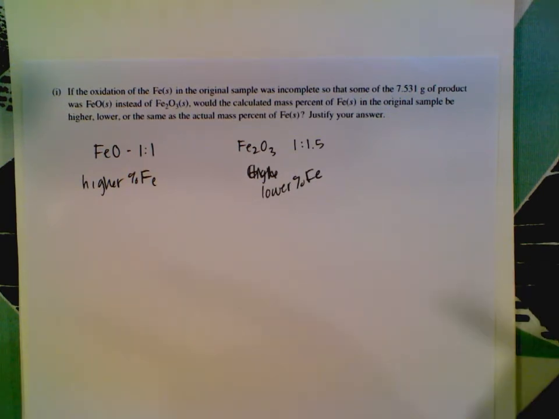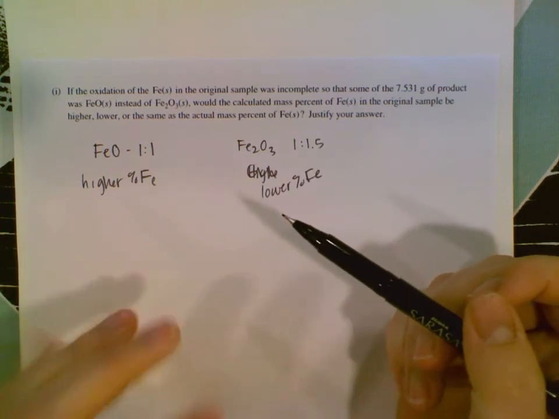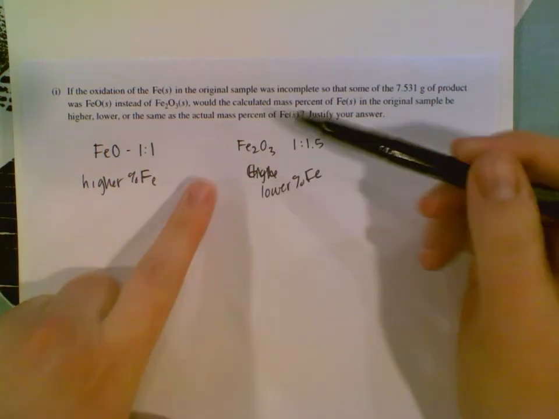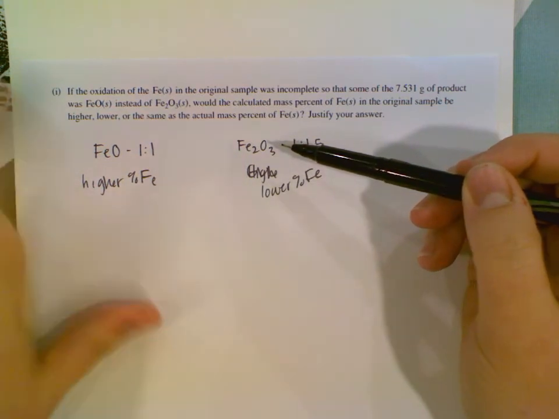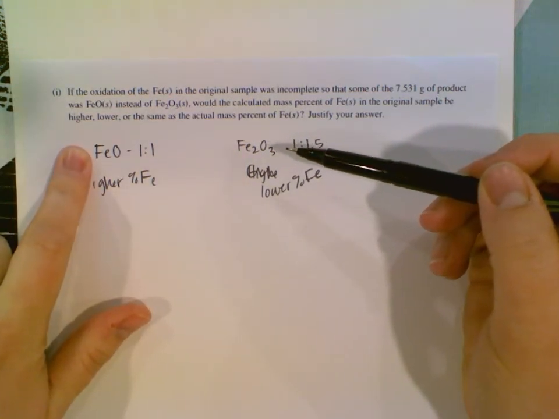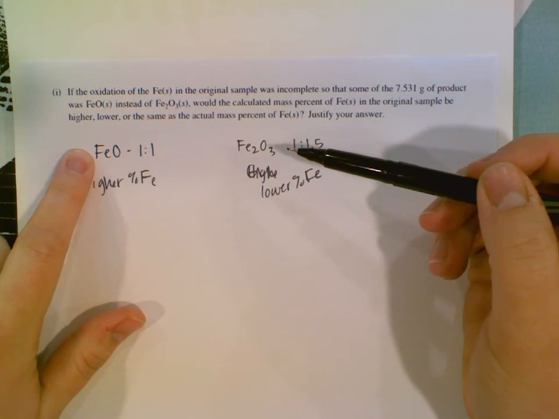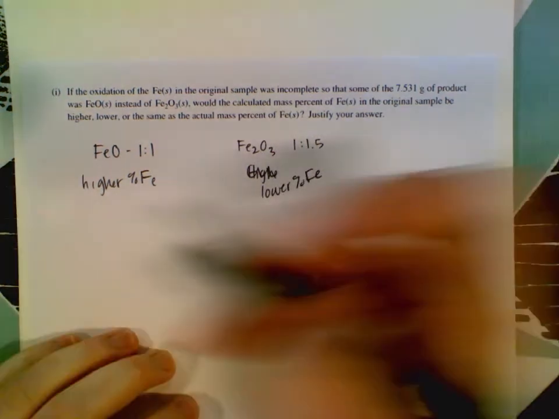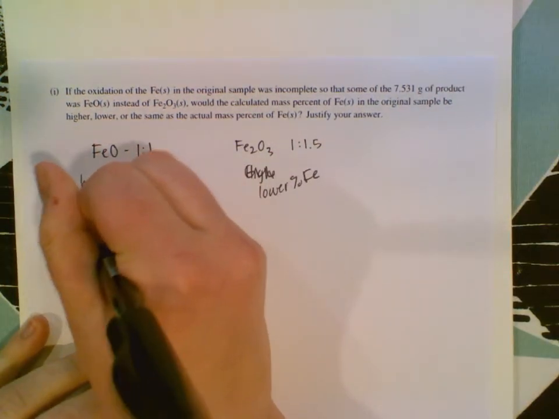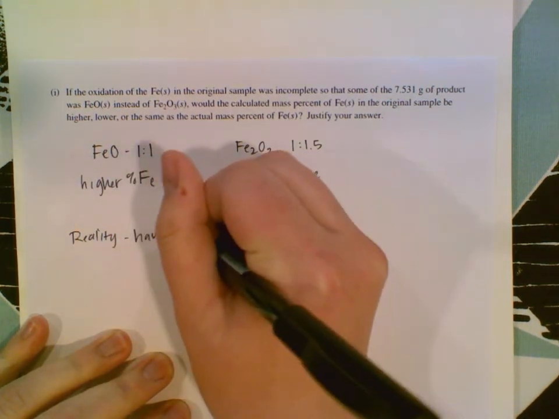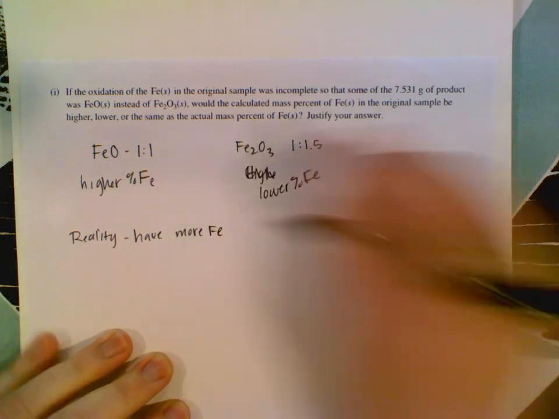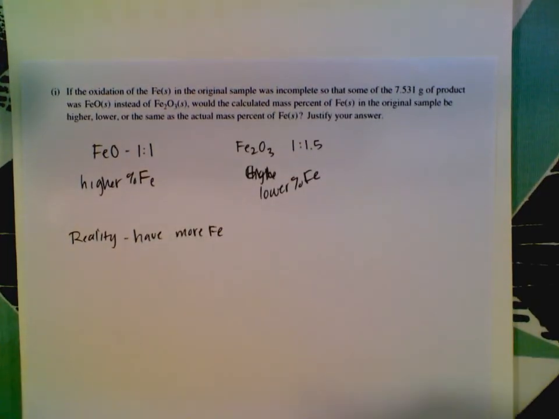So what they're saying in the problem is that we thought all of this Fe2O3 was made, but in reality, the FeO may have made some of that. And what that's going to do is, the reality is that you have more Fe than you thought. Okay, so the actual lab conditions are that I have more iron than I anticipated.